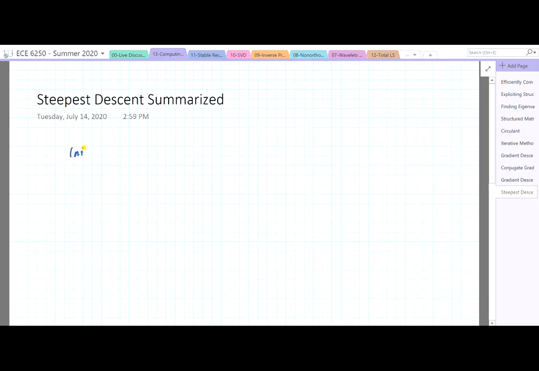We initialize. And here we say x naught is equal to some guess. The better that initial guess is, the better off we're likely to be, but it's not critical. And we likewise say that r naught is equal to b minus H x naught, as before.